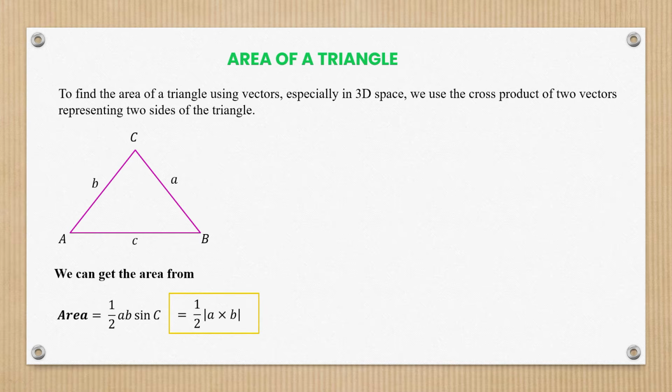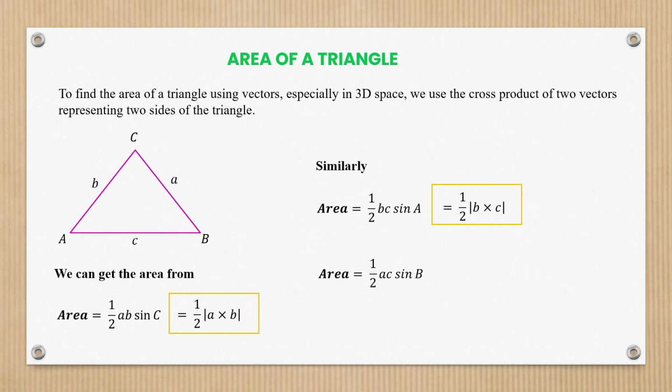A and B. Then similarly, if we pick this side A, we can say the adjacent vectors are B and C. So we can have area is equal to a half BC sine capital A. Then from the cross product vectors formula we can actually have a half of the vector product B and C, and that's another formula.